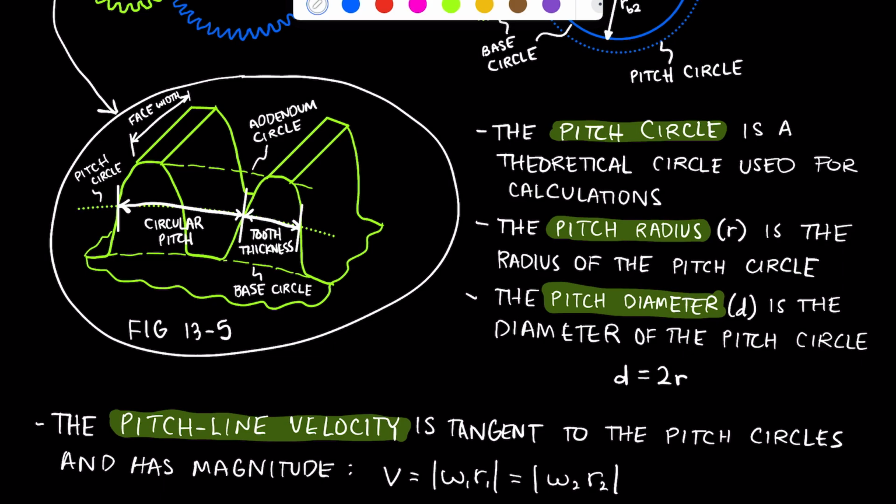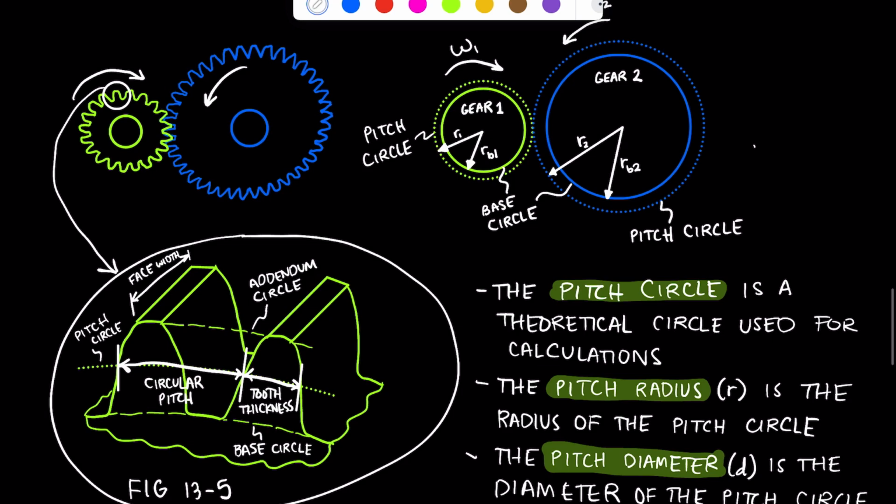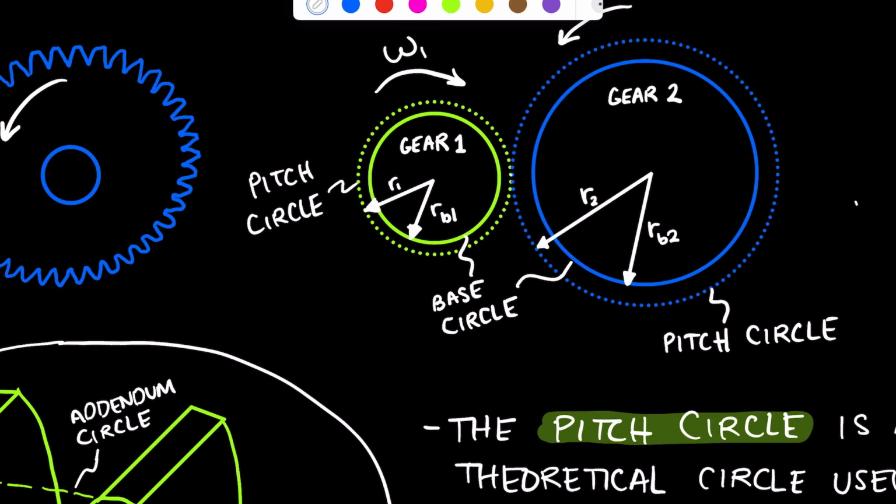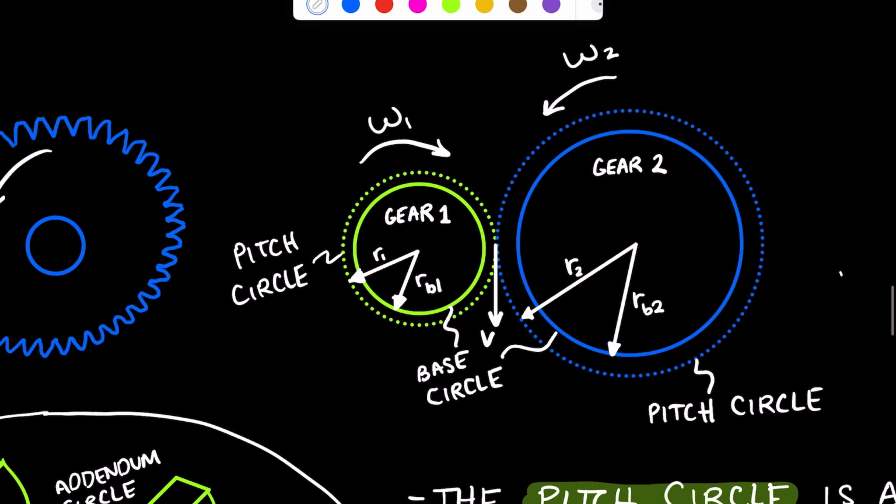Remember, we discussed this a little bit in the last video, that the velocity of the tooth at this contact point, this velocity here, has to be the same for the tooth on gear 1 and for the tooth on gear 2. That velocity is the pitch line velocity, and it's equal to omega 1 times r1, which is also equal to omega 2 times r2.